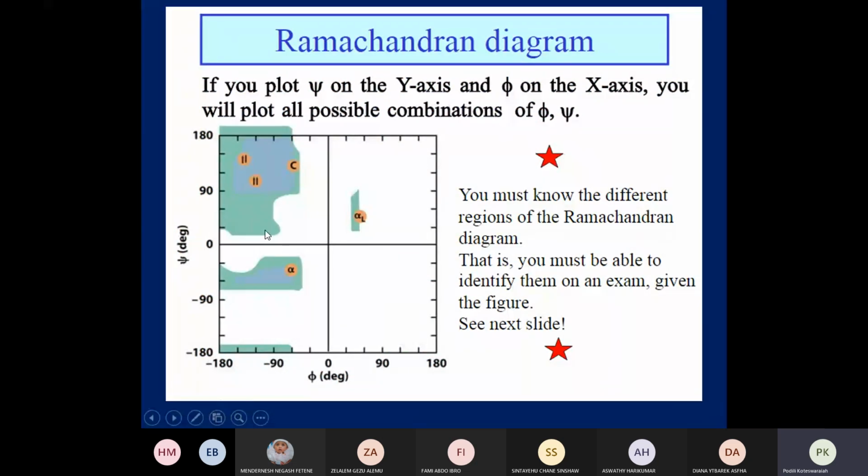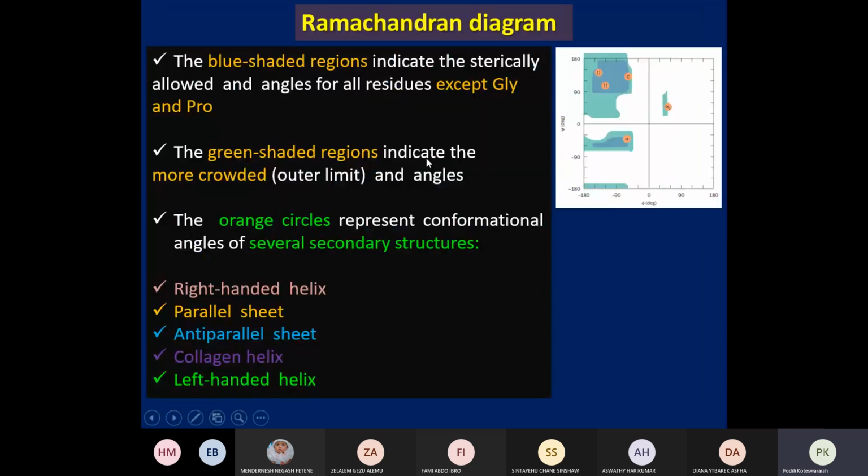If we synthesize any protein and its phi and psi angles fall outside the shaded zone, this protein doesn't exist in a stable conformation. So this map is useful to visualize the dihedral angles psi against phi of amino acid residues in a protein, and it also shows the possible conformations of the psi and phi angles for a polypeptide chain.